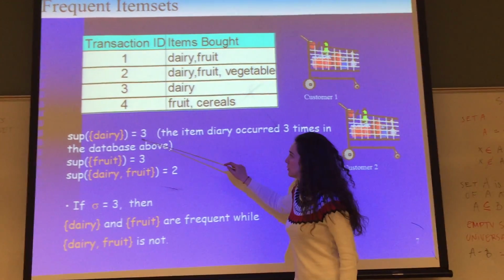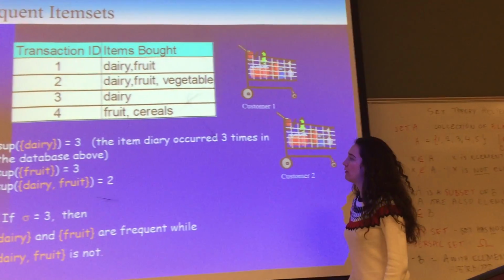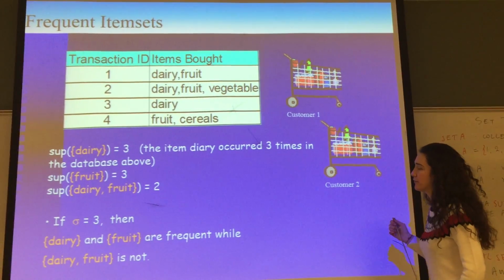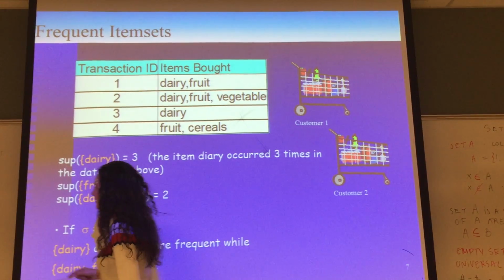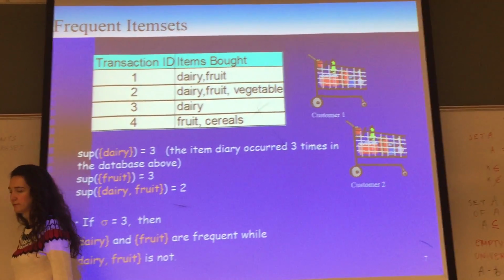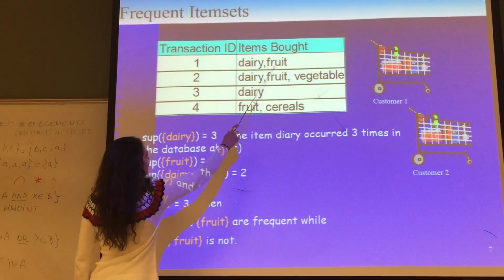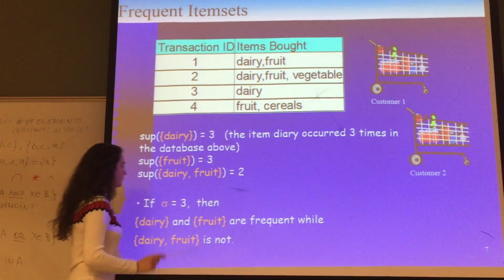Support of dairy is equal to 3. How about dairy and fruit together? We have dairy and fruit 1 time, dairy and fruit 2 times. So it is equal to 2.